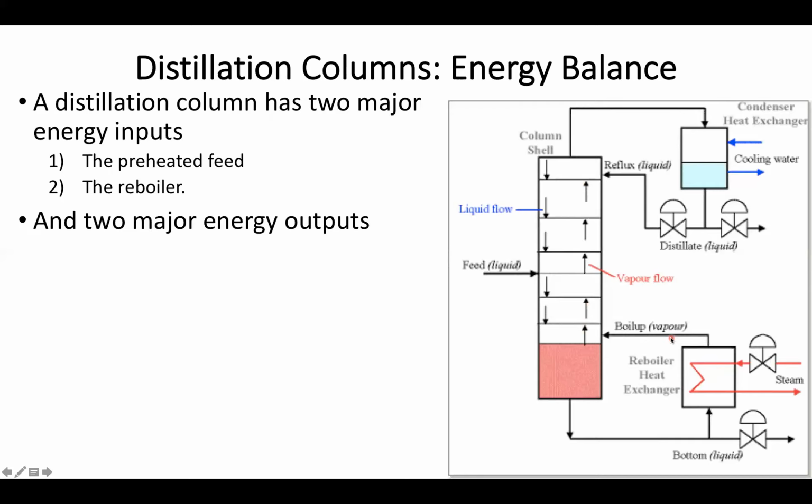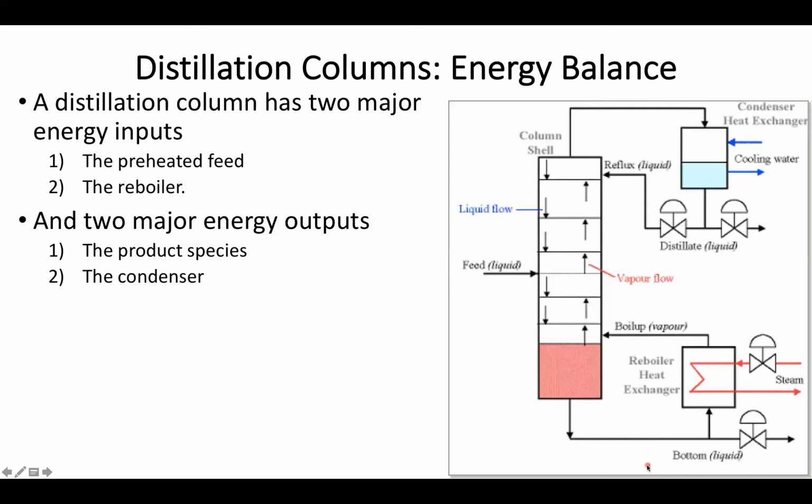However, if I've got energy entering the system, I'm also going to have energy leaving the system. The two major places at which energy is leaving the system are, of course, the products. My bottoms should be fairly cool, because remember, my temperature should drop as I decrease along the bottoms.